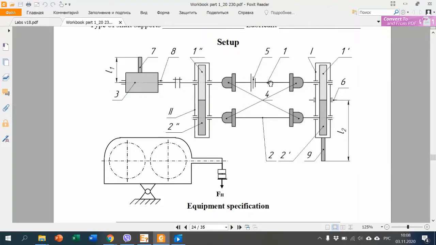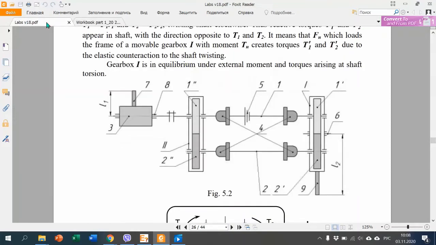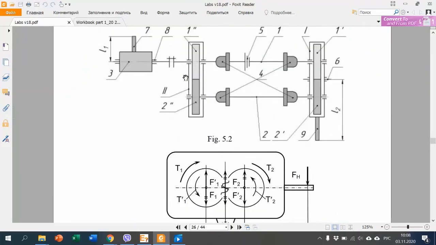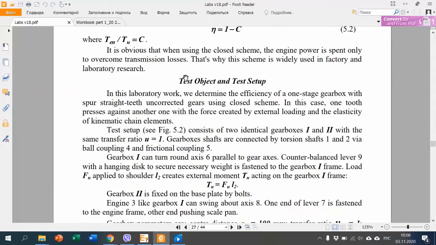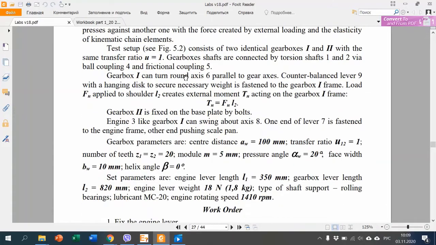Number 1 is a shaft. Torsion shafts 1 and 2.